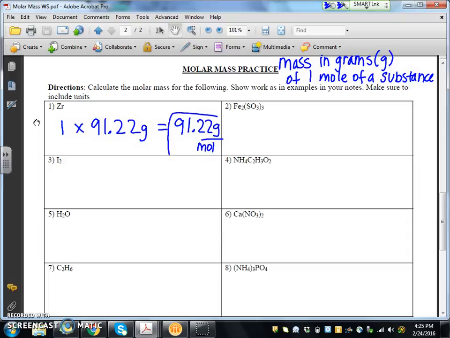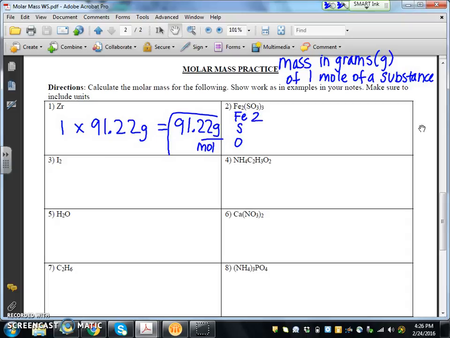So essentially, you count the number of atoms, multiply them by their mass on the periodic table to get your answer. If you have multiple atoms and multiple elements, like in problem number 2, you will add them all together. So let's work number 2 as an example. In number 2, we see that we have the elements iron, sulfur, and oxygen. And when we count the atoms, I see that I have 2 iron atoms.